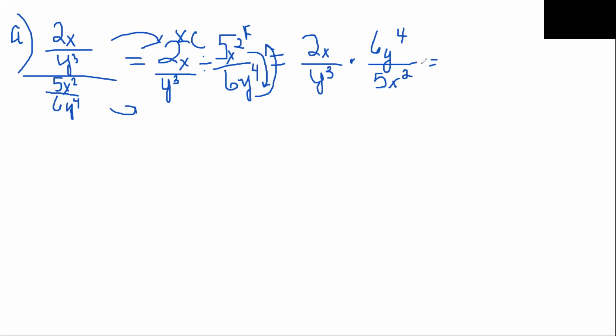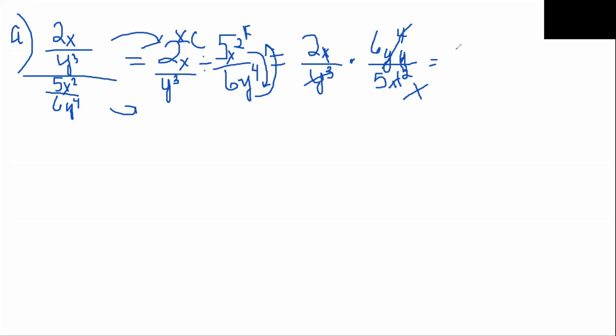And then our last step is simplifying. Hopefully we are able to see right off the bat that we can simplify beginning with the x and x squared, which will leave me with an x in the denominator. Next we will take y cubed and y to the fourth, and that leaves us with one y in the numerator.